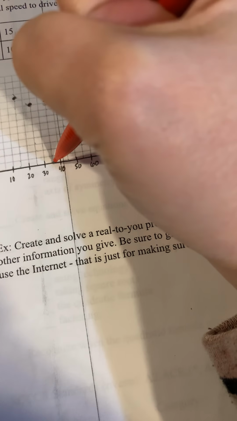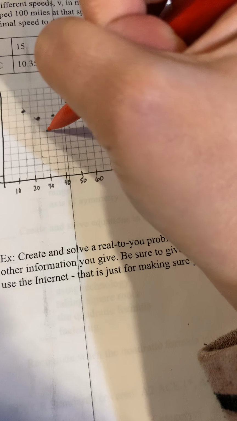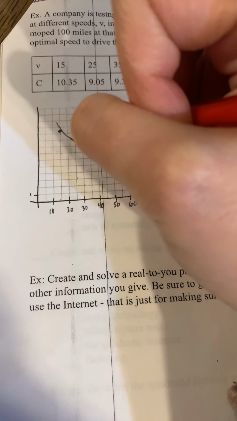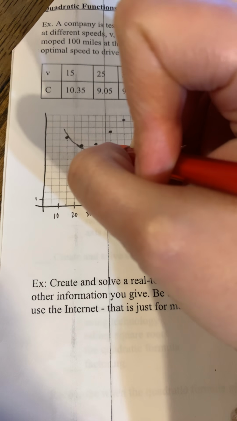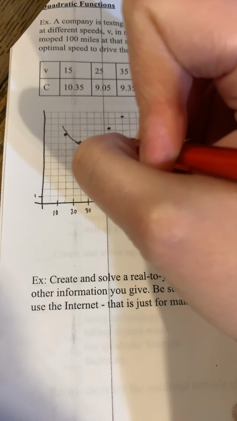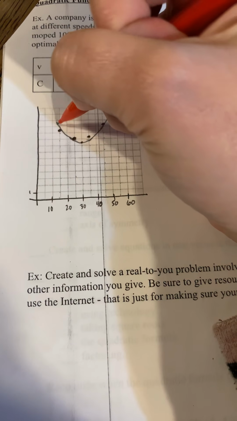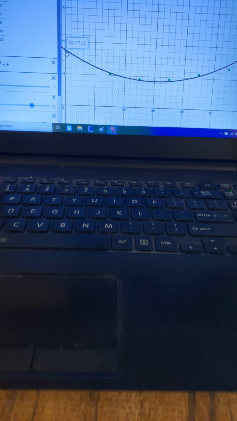So 30, 8.5. 1, 2, 3, 4, 5, 6, 7, 8.5. So we're gonna go like this, and then there, and then go way below that one, and then slightly below, and then above. And don't connect over there to the y-axis, because that y-axis intercept is at 17, which is off of our picture. So that's how that should look.